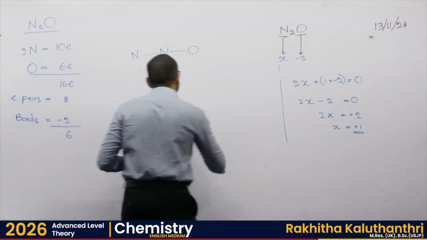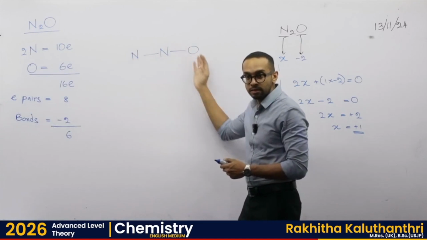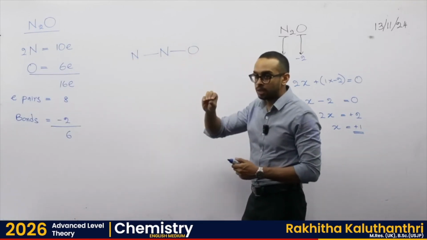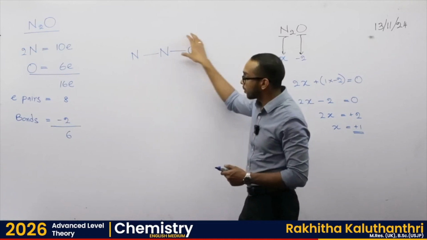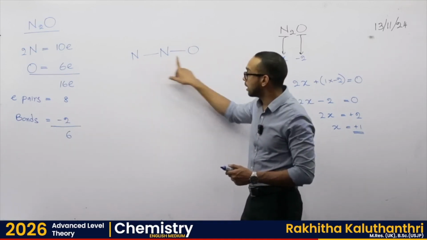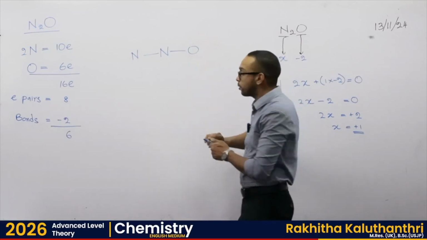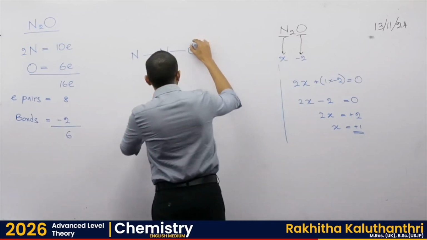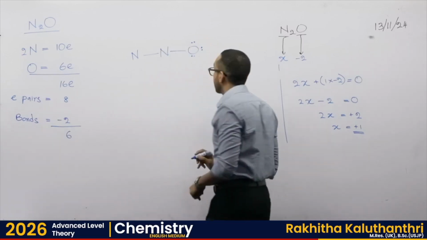Now I have to distribute 6 electron pairs in this structure. We always start with the most electronegative element first, that means the outside elements. There are nitrogen and oxygen. Out of these 2, which one is more electronegative? Oxygen. So, students, we will be starting with oxygen: 1, 2, 3.